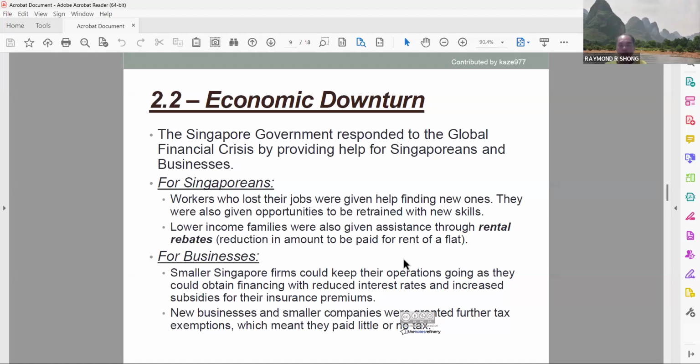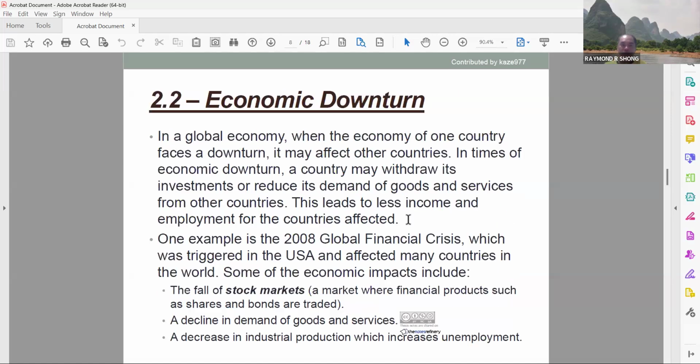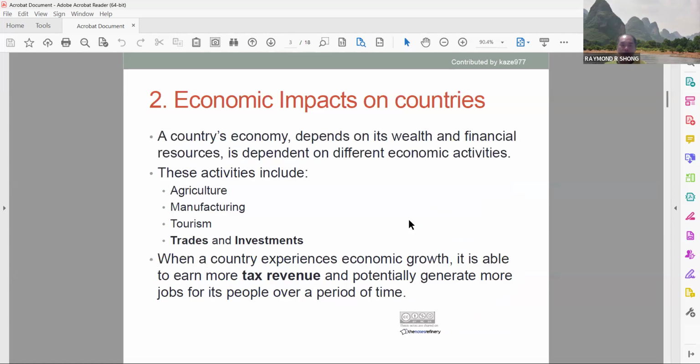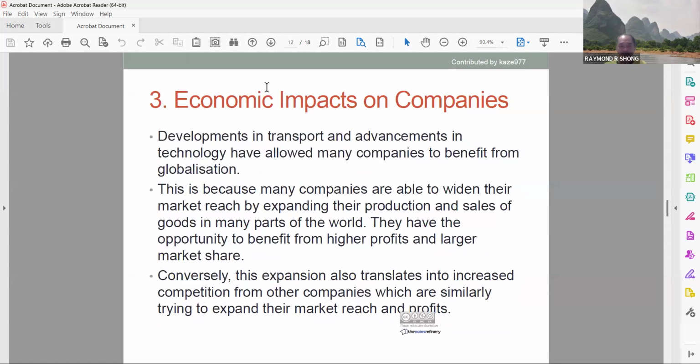Okay, now move on. Just now was country, now companies. Remember, the first one you see is the countries. So now we're talking about companies.